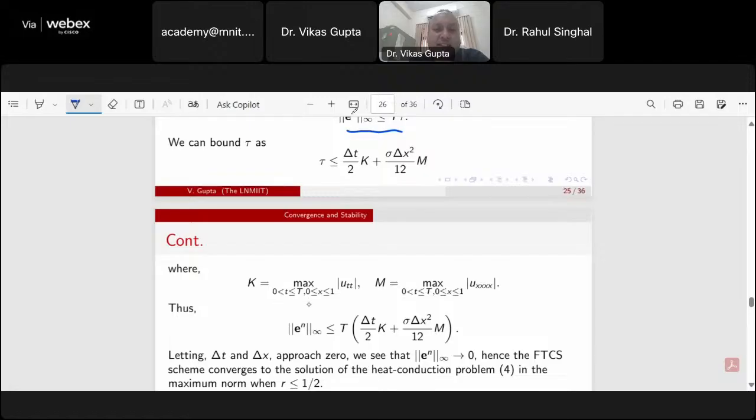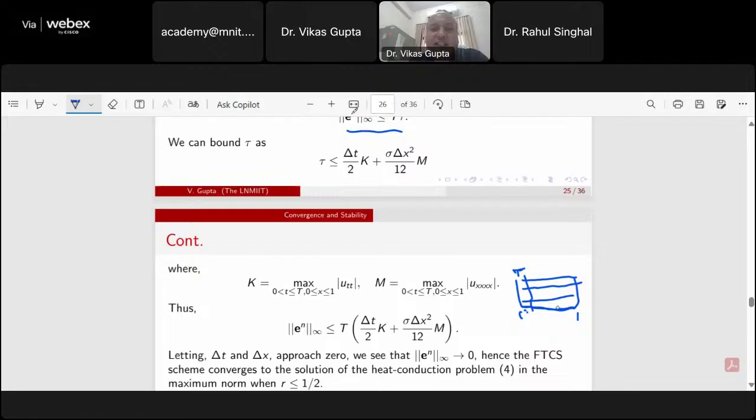Our rectangular domain is this: t varies from 0 to T and x varies from 0 to 1. So that kind of rectangular domain, this is 0 to 1, and this is the final time T, and this is the initial time level, this is the first time level, and so on, this is, let's say, the nth time level, these are the mesh points in the time direction, x1, x2 and so on.